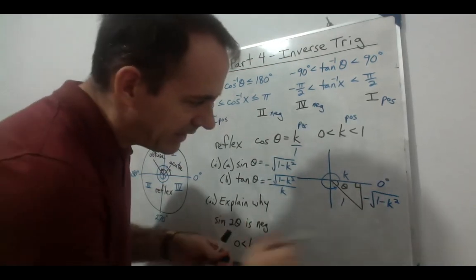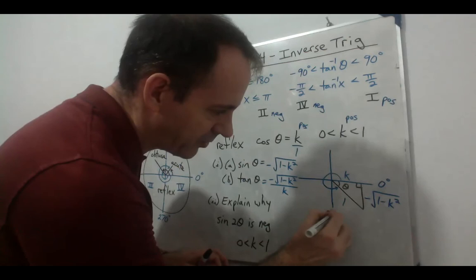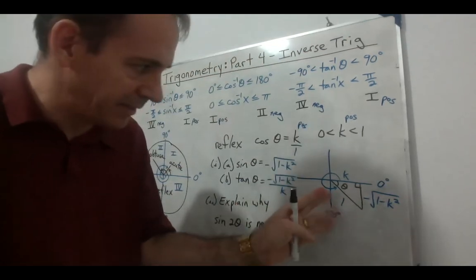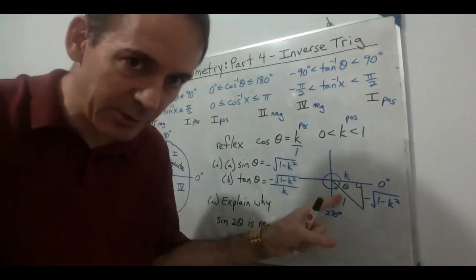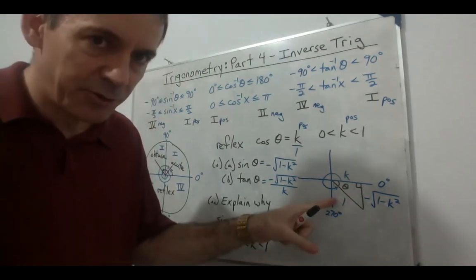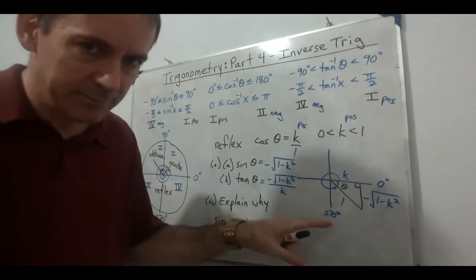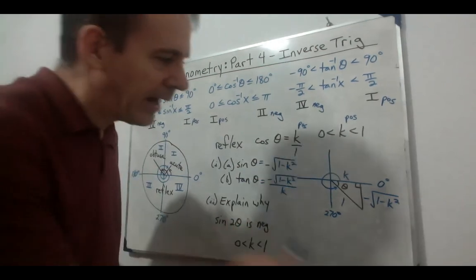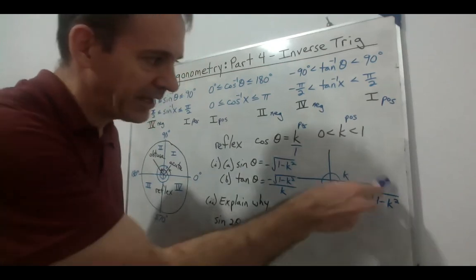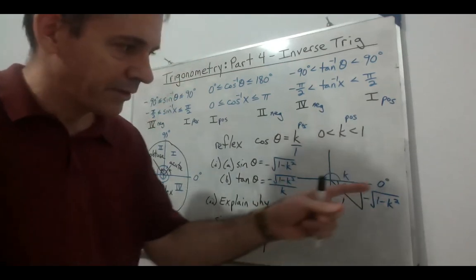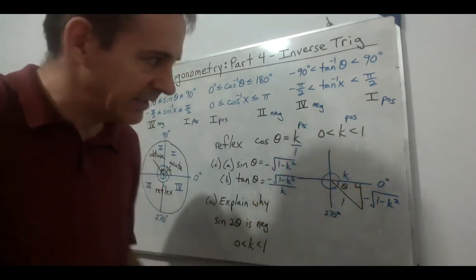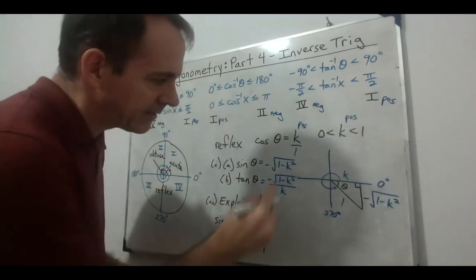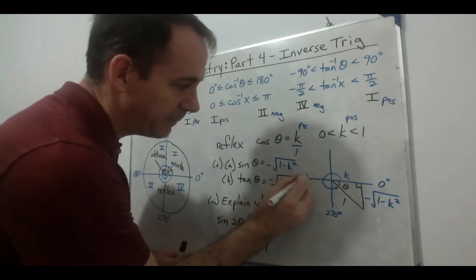The very beginning of the fourth quadrant is 270. So the minimum value that this can be is like, say, 271, 272. So if we double that, that gives us 540. And if we go around 540, we take away our 360. 540 minus 360, which is a complete circle, leaves us back at 180 minimum.